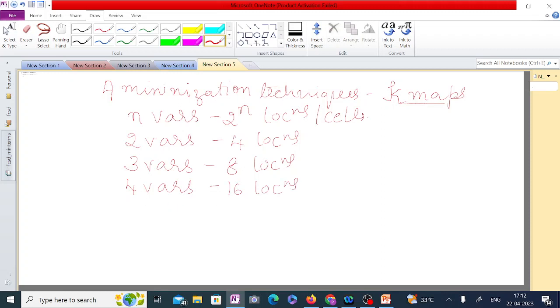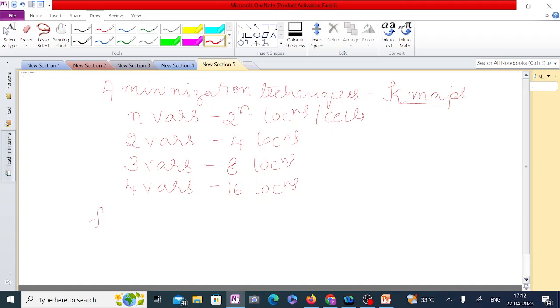So we will see how we can minimize. Why do we require minimization techniques? I've already discussed. It will help you to simplify your circuit. Obviously, the cost, the heat dissipation, the power consumption, and all these are reduced when you minimize your expressions. Okay, so now how do we use this technique?